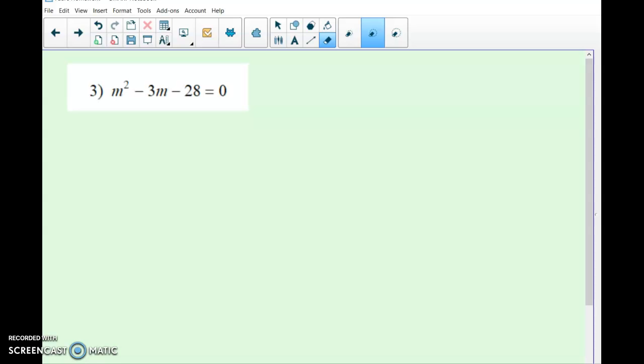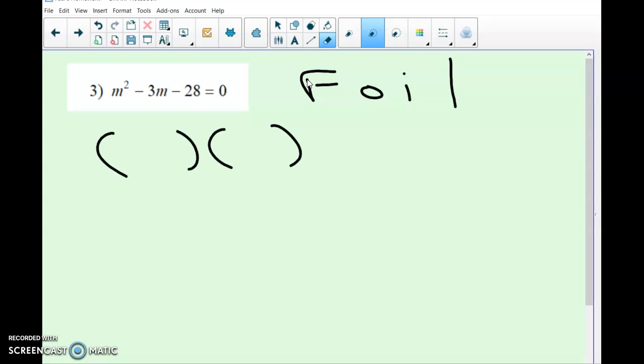We're going to look at FOIL and say, what are we doing really? I'm undoing what we did with FOIL in the first place. I know that F, representing the first terms, gives me M times M, which gives me my M squared.